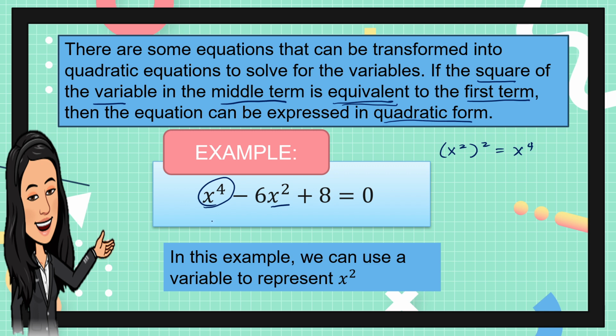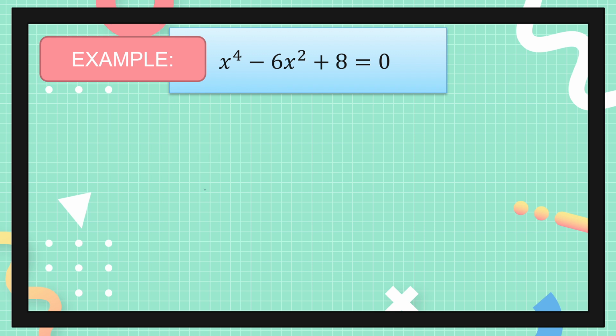So in this case, we can use any variable to represent x squared. Okay, so for the solution, let's say we have here x raised to 4 minus 6x squared plus 8 equals 0. You will let u as x squared. And this will serve as the variable in the middle term. So we need to represent another variable for the quadratic term.